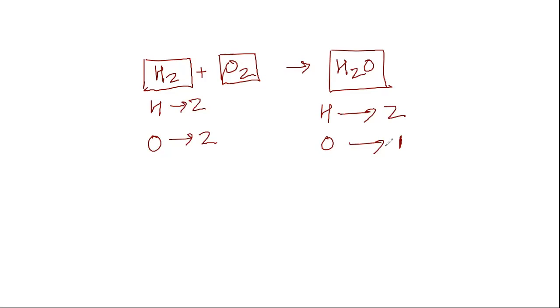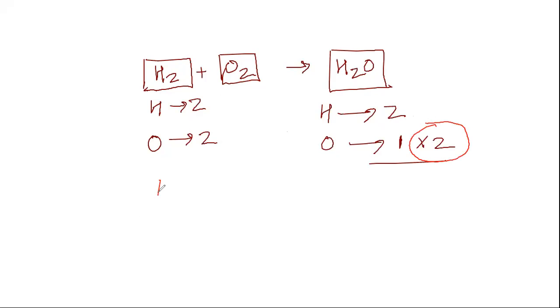To balance it, we need to multiply with 2. You can see that oxygen is less on the right hand side, and to make the oxygen number equal, we need to multiply the right hand side box with 2.